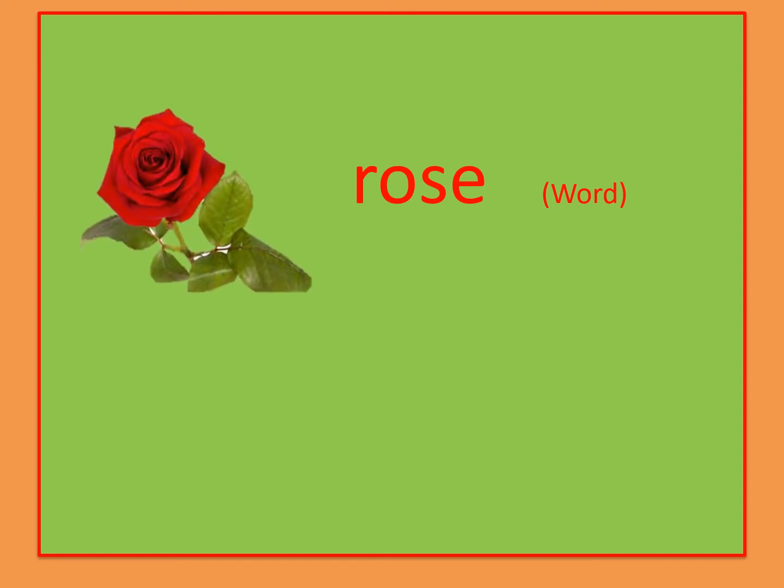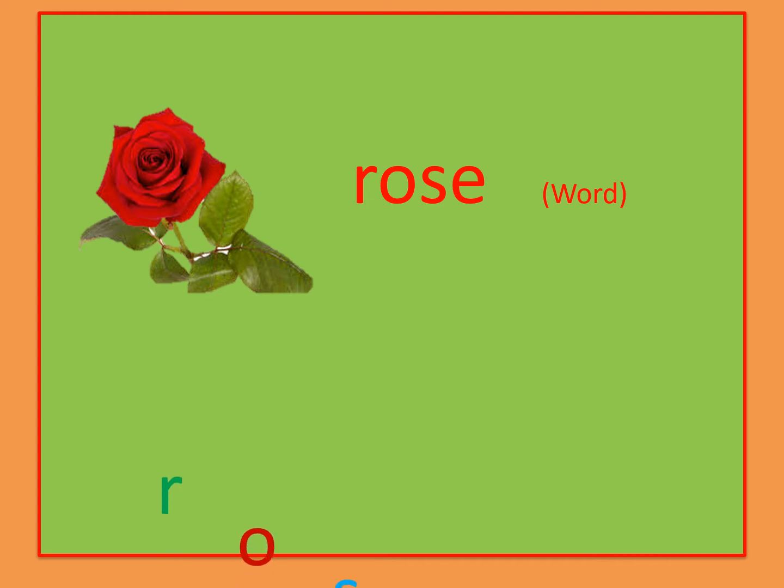Students, can you read this? Yes, you are right. Rose. Rose is a word. Do you know the meaning of this word? Rose is one type of flower. We all know words are formed from letters. This word is also formed from four letters.